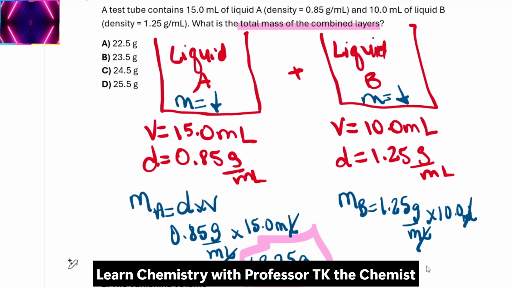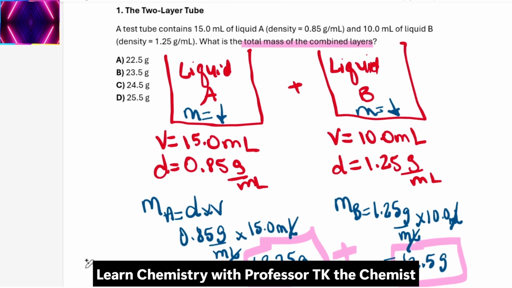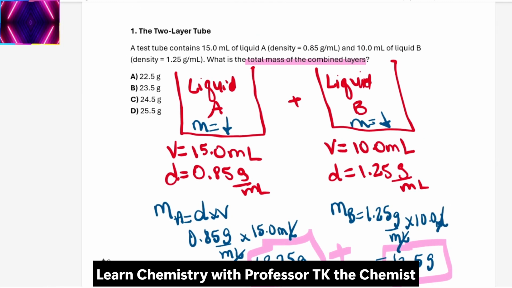And then you're going to multiply 1.25 times 10, and you get 12.5 grams. Again, this is liquid B. Because they say the total mass, all you have to do is add those two together, okay? You're going to add those two together, and then that's going to give you your answer right there, okay?